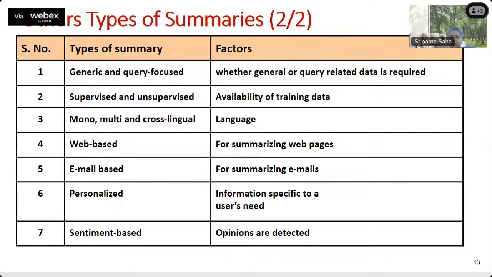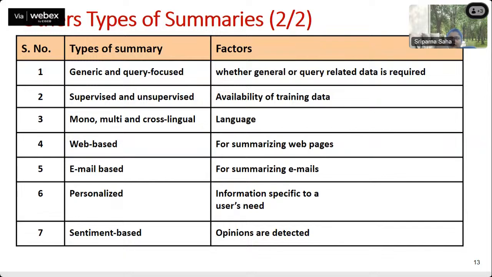This is called cross-lingual. Then if we are summarizing web pages, this is called web-based summarization. If we are summarizing emails, suppose a customer care company has received several emails and we are summarizing them, then this is called email-based summarization.